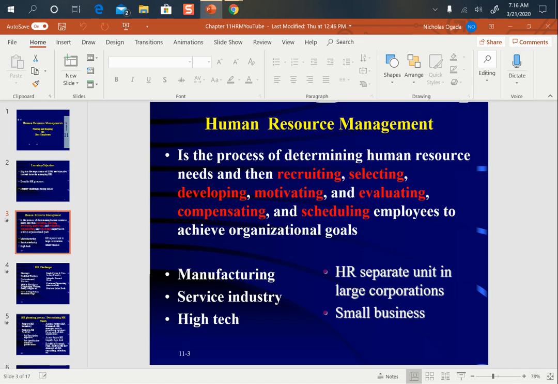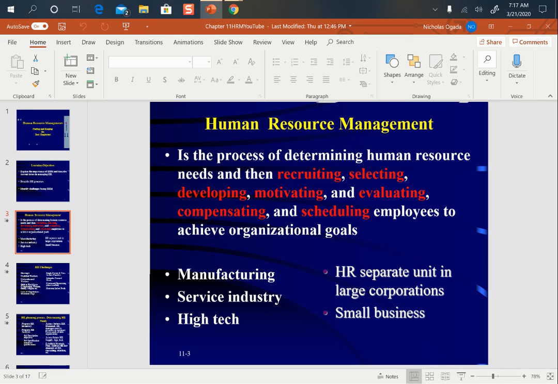Our discussion in this part will only be a small overview of what it entails in the chapter. So if you want to learn more about these issues, then taking a human resource management course will give you more detail of what human resource management is.